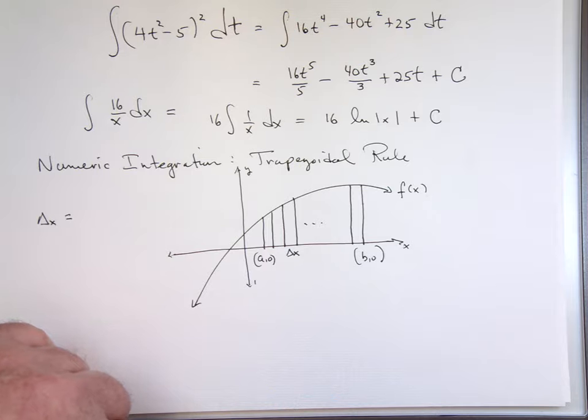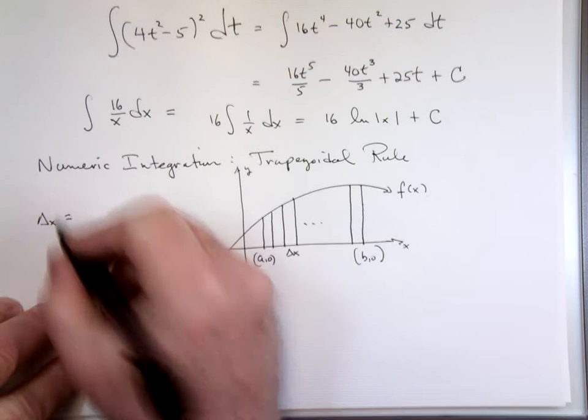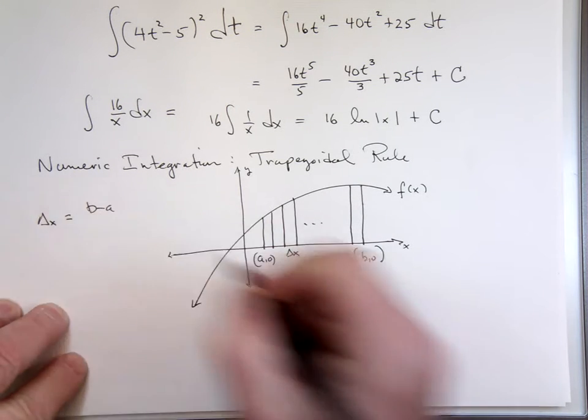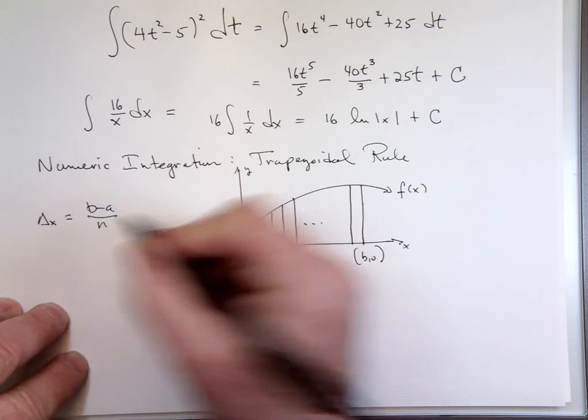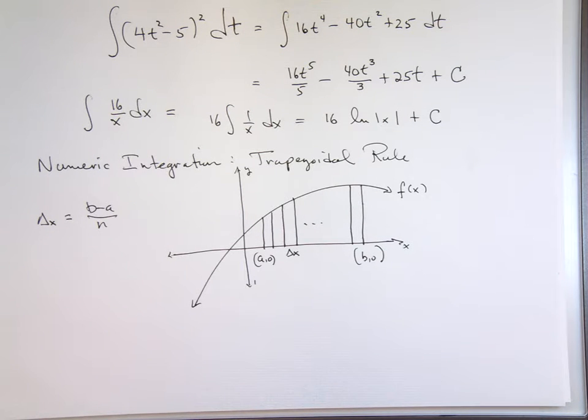One over n. 1 over n is a start, but 1 over n would be correct if the interval were of length 1. Okay? But now I have an interval from a to b, and I'm dividing that up into n equal subintervals. It would be b minus a over n. That is correct. Nice job there. B minus a, the width of the whole interval, divided up by n subintervals. So I have a delta x.